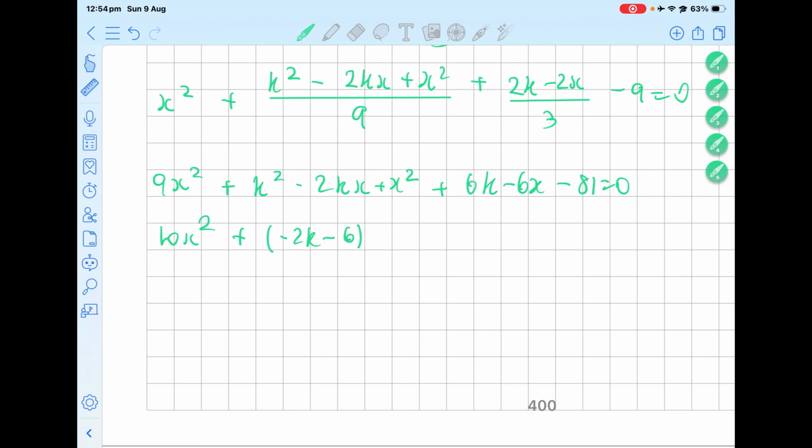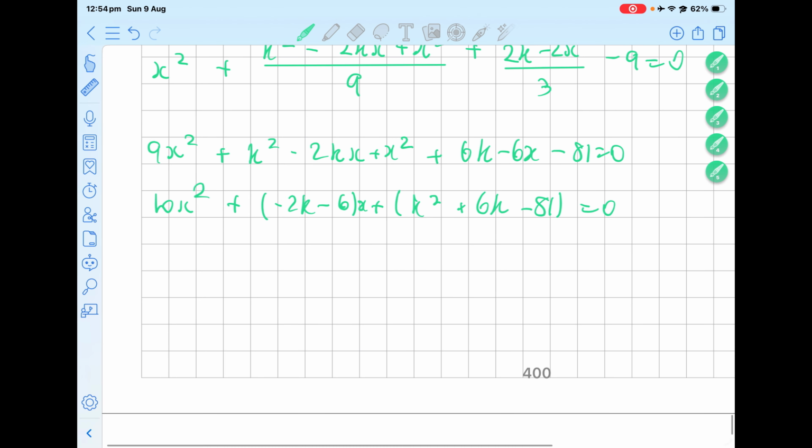I did this, and then finally k squared plus 6k minus 81, so all of that is 0. So b squared minus 4ac equals 0. I think I said equals 0.